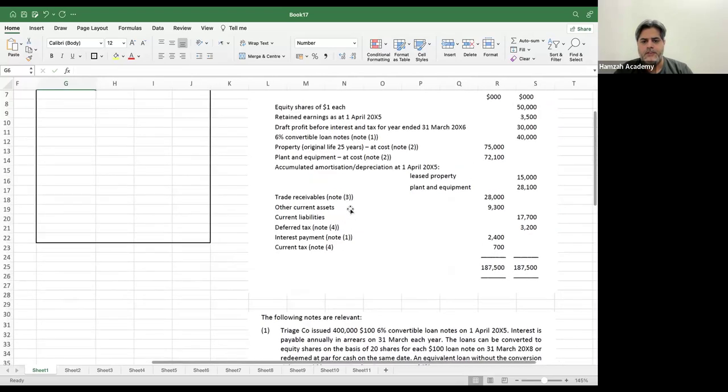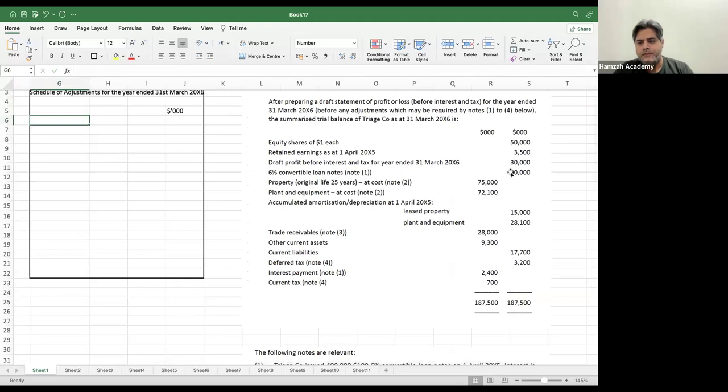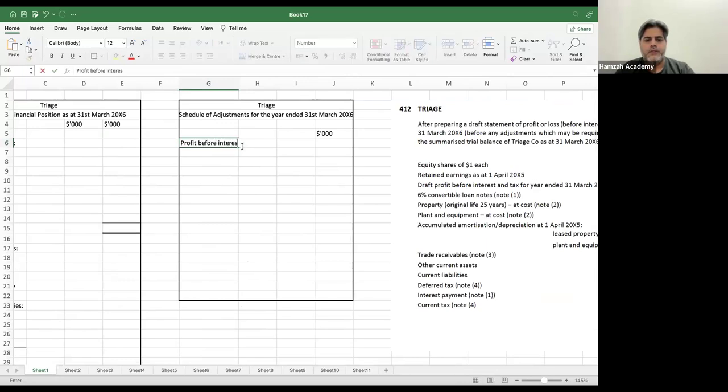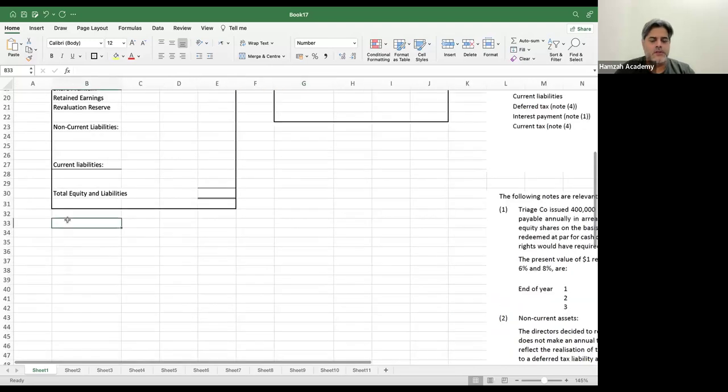In the above trial balance, the draft profit for the year is 30,000 over here, or 30 million. So profit before interest and tax, 30,000 is what we are going to have over here. Now, as this is a question where we have to do the adjustment, I'm going to go straight into the workings.